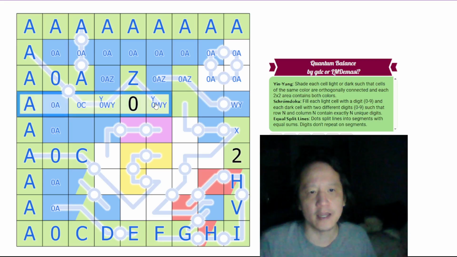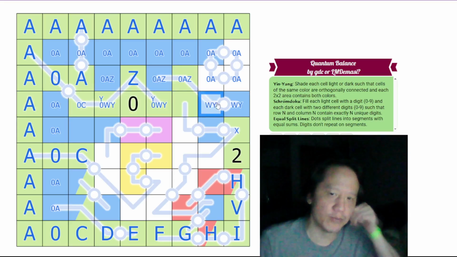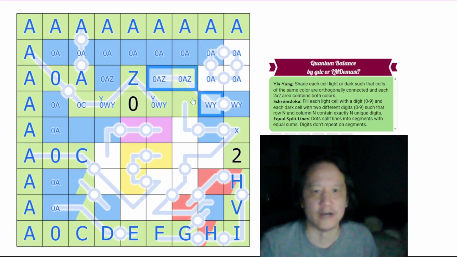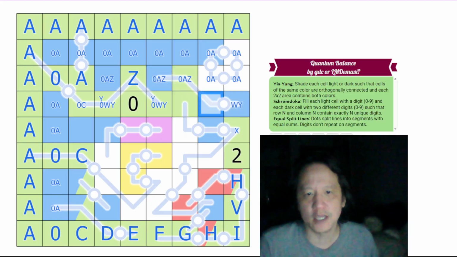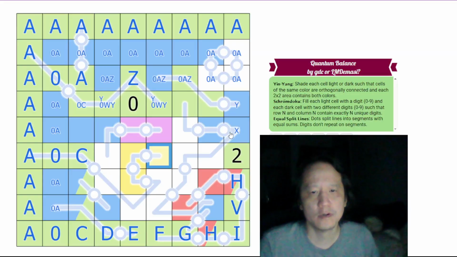Because A and 0 are already removed, this would have to be WY equals WY plus other stuff, which is not allowed. So this can never be blue. So this must be green, which makes this blue. So this is blue, which means this is blue to get in through there.